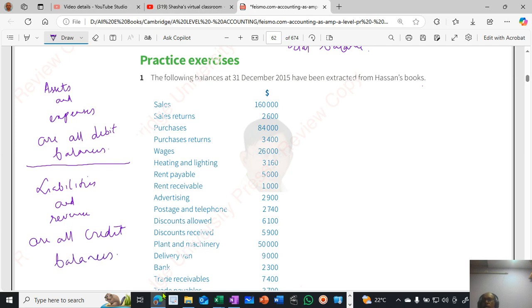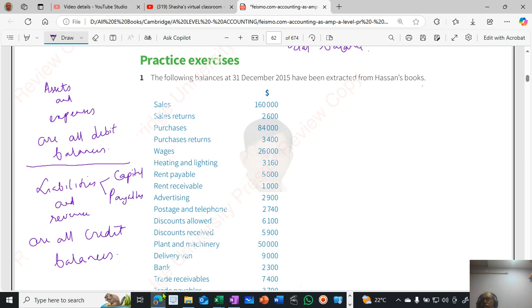Liabilities and revenues are all credit balances. So what are liabilities? Liabilities are something we owe, right? Liabilities can be internal as well as external. Internal is capital. External are loans and accounts payable; all payables are liabilities. So these are external liabilities, and these are internal liabilities.